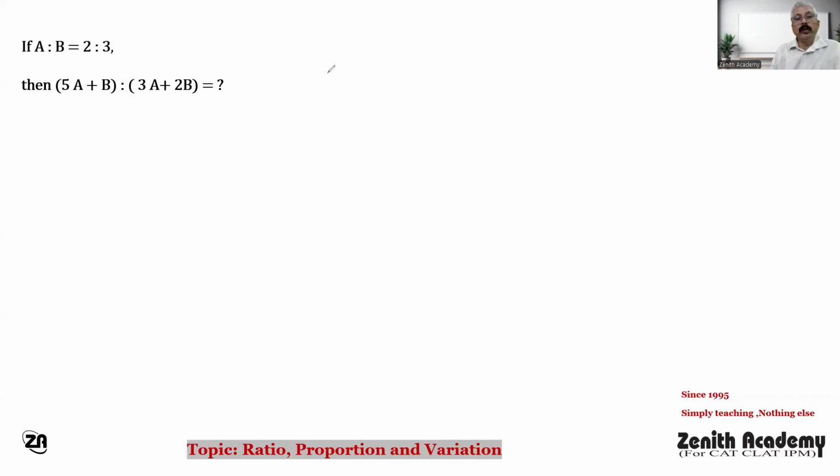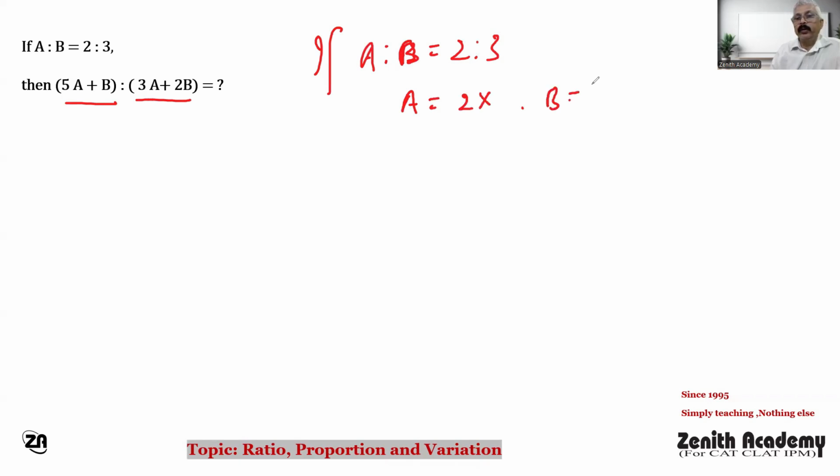If A is to B is 2 is to 3, then find 5A plus B is to 3A plus 2B. So if A is to B is 2 is to 3, then you can take A equal to 2x and B equal to 3x.